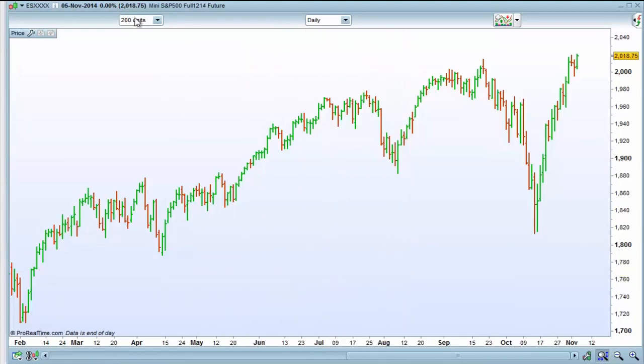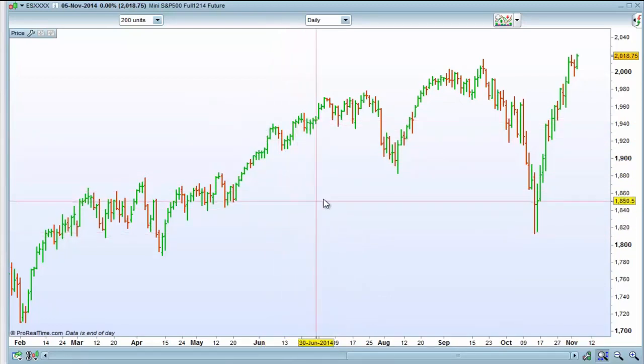Now what you see I have here is the mini S&P 500 futures contract. And this is the price action for that contract for the past few months. Now, some of you might be confused and think this is a candlestick chart because you see the green and the red bars, but it's not. It's a bar chart just with the colors put on each individual bar.